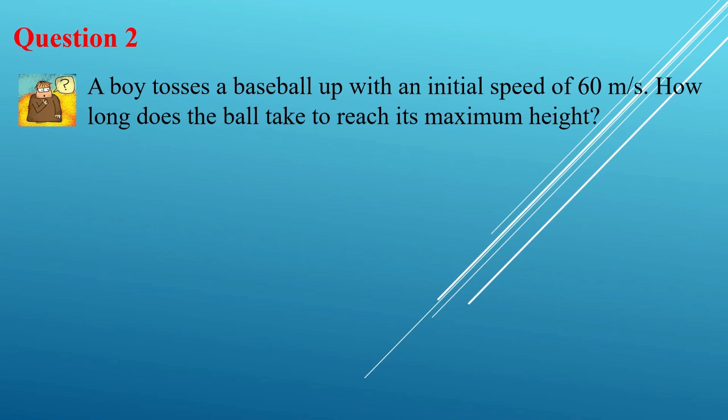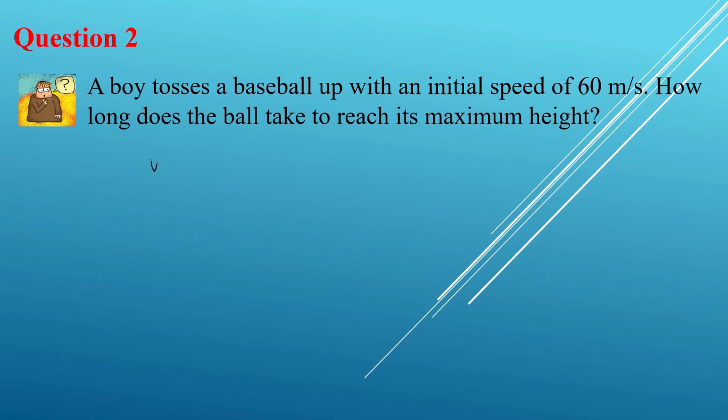So here I have a boy. A boy tossed a baseball up with the initial speed of 60 meters per second. How long does the ball take to reach the maximum height? Right? So let me write down the known parameters here.